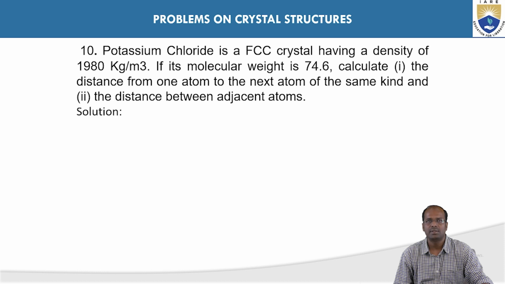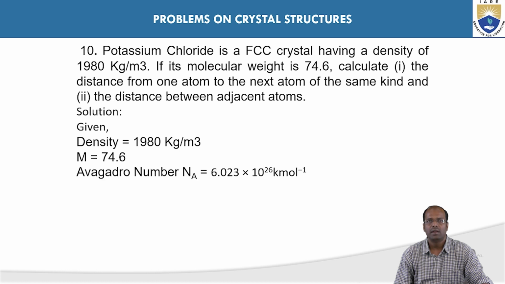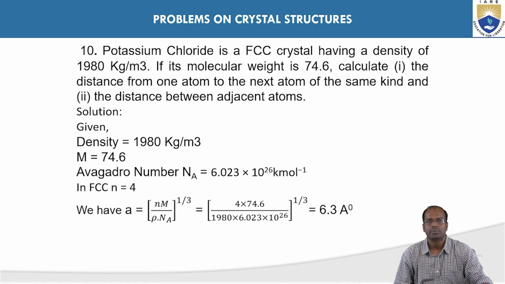So what are the parameters given here? First, density is 1980 kg per meter cube. For face-centered cubic, the number of atoms N is equal to 4. The molecular weight given is 74.6, and Avogadro number is 6.026 into 10 to the power of 26 per kilomole. We use the formula A is equal to N into M by rho into Na, whole power of 1 by 3.